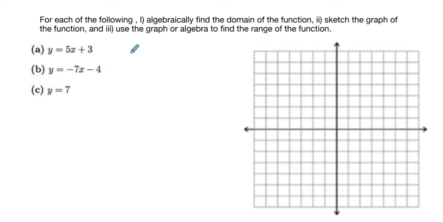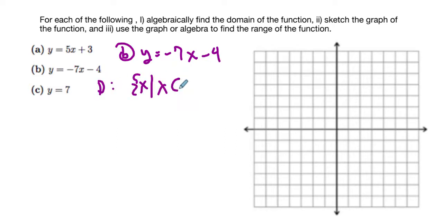Okay, looking at B, we have y is equal to negative 7x minus 4. What I'm going to look at first here is no x in the denominator of a fraction, and x is not an even radical, so therefore my domain is x such that x is an element of the real numbers. Then I'm going to sketch this graph.